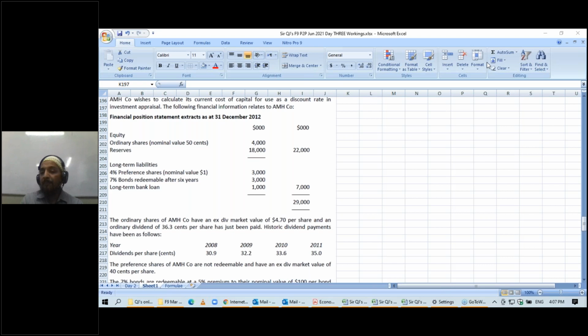Modigliani and Miller says that if a company is geared and it obtains loans compared to the equity, if it keeps borrowing more and more, the company's weighted average cost of capital comes down. So if you have more loans than equity in your financing, your weighted average cost of capital will remain lower.